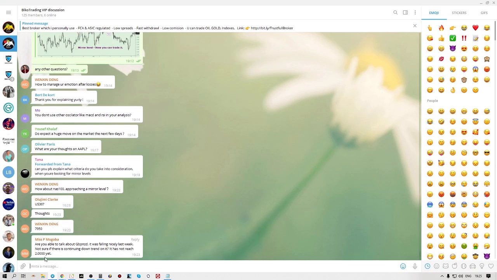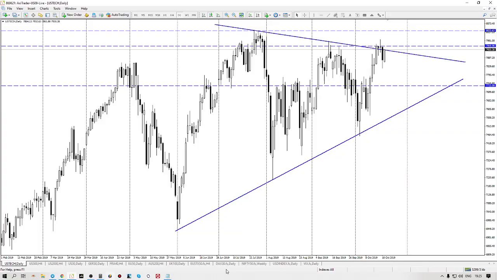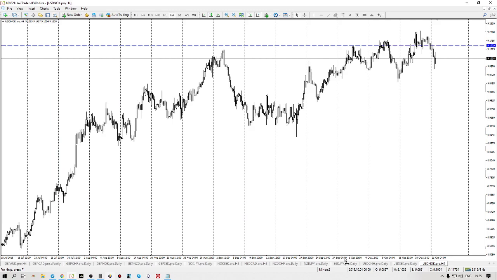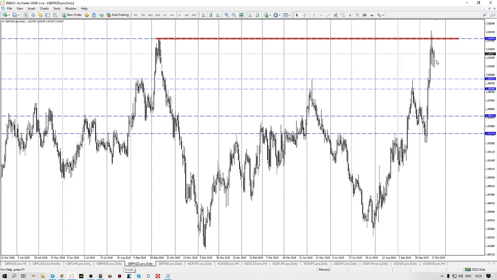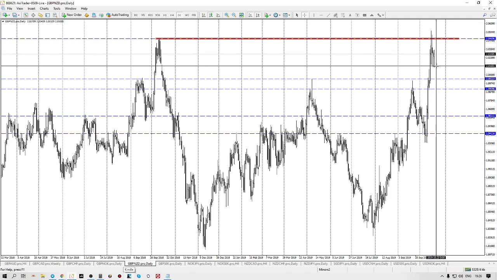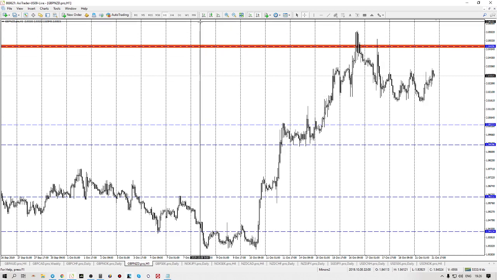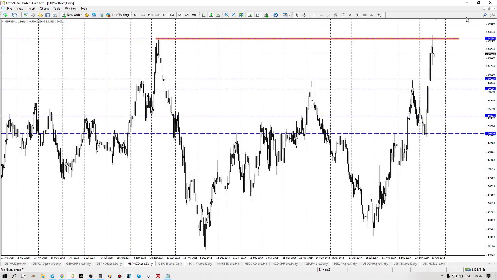I don't know what you mean about British pound New Zealand. British pound New Zealand. I don't like how it looks because it looks like a really not accurate one. You need to see what will be with British pound.